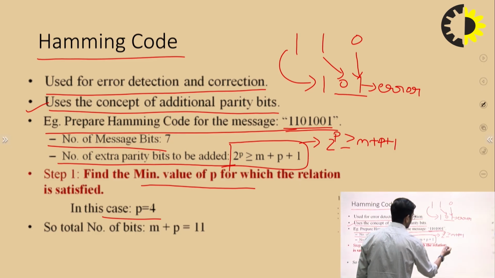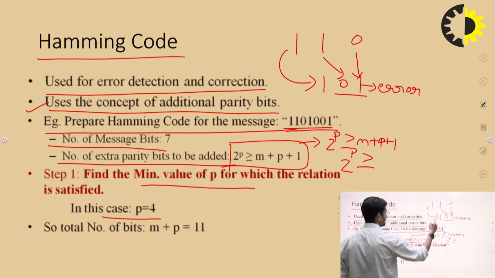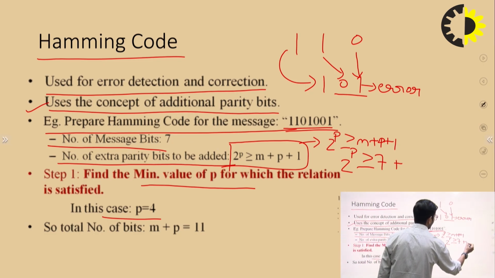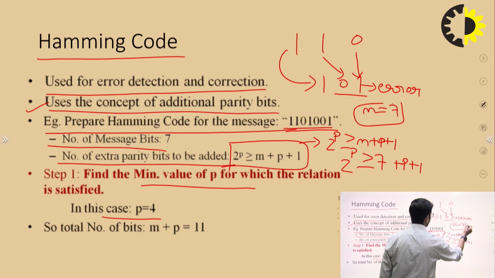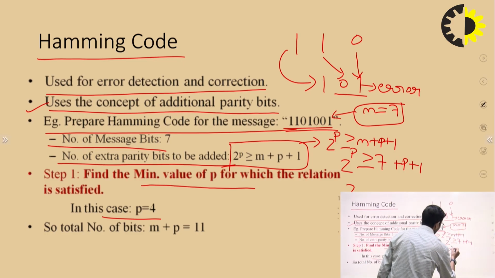For example, 2 to the power of p should be greater than or equal to m plus p plus 1. Here m is 7 because the number of bits is 7. So if we solve this, 2 to the power of p should be greater than or equal to 8 plus p.